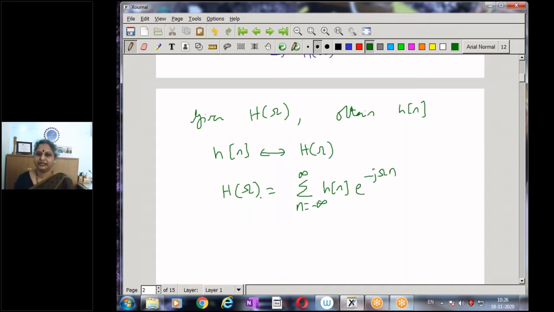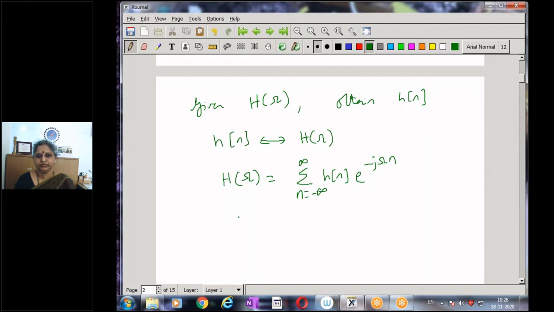This is a standard expression for relating the impulse response to the frequency domain representation. We also know that the system transfer function H of z is given by the sum from n equal to minus infinity to infinity of h of n z to the power of minus n. We are aware of these expressions. That is, given the time domain representation h of n, we know how to compute the frequency domain representation. And we also know that this is the Z transform.